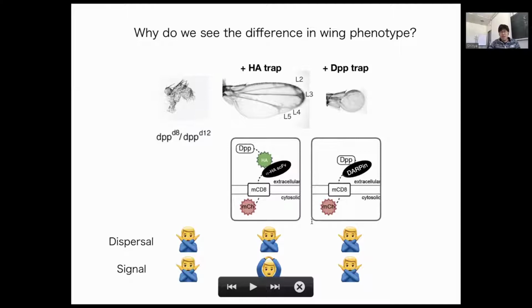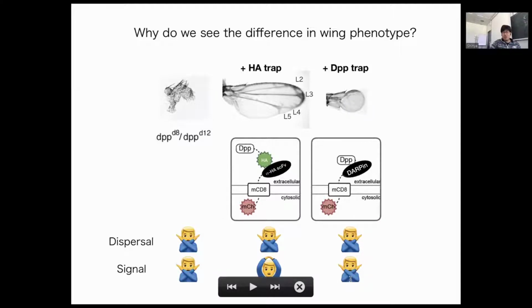Okay. So this HA trap phenotype appears to reflect more or less the loss of DPP dispersal phenotype, and DPP trap phenotype reflects the combination of the loss of dispersal and signaling.